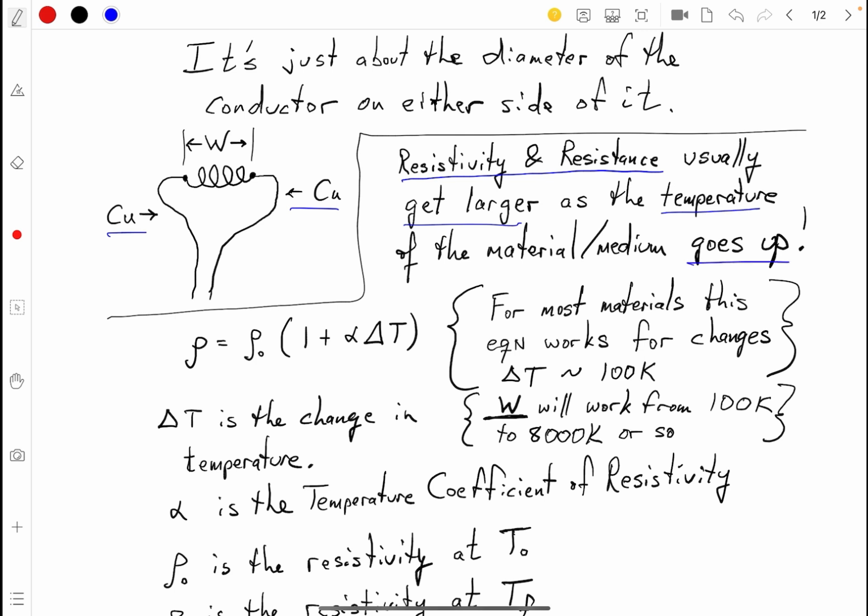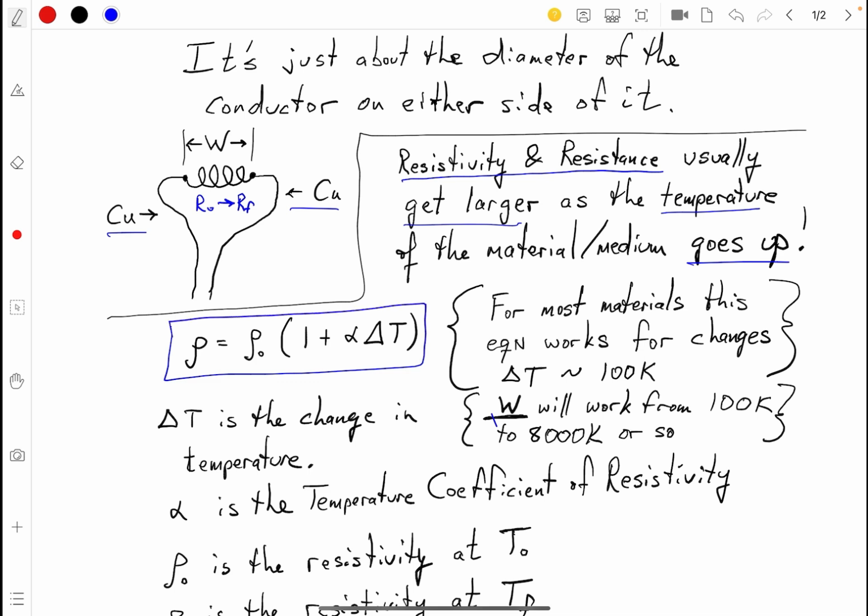So if that temperature goes up, we know the resistance at the beginning, R naught, goes up to some R final. Okay? And there's an equation for that. And it depends on your material. All right? So every material, if it's ohmic material, is going to use this equation right here.